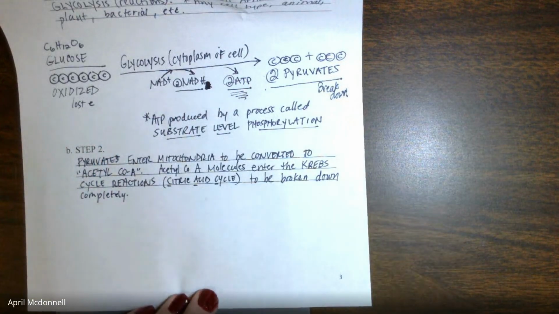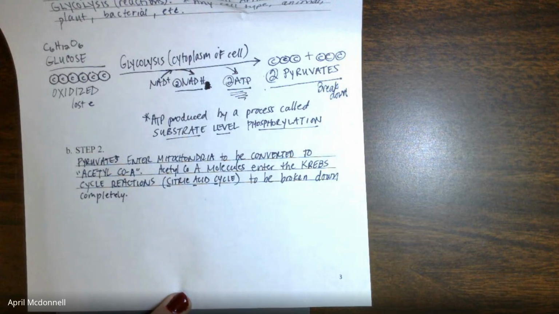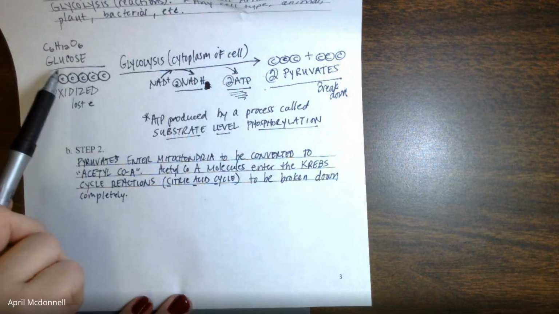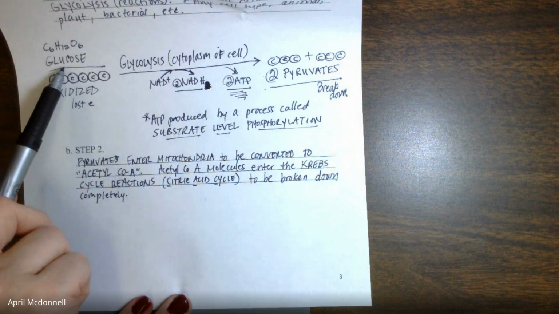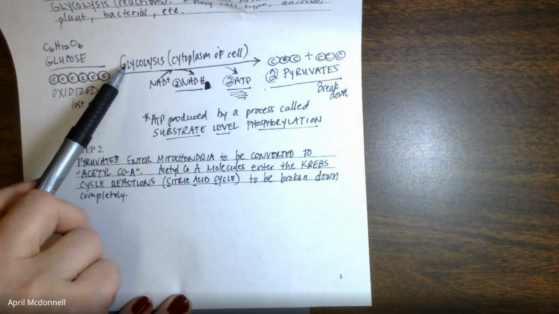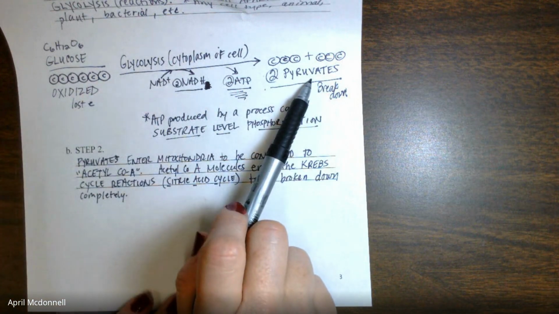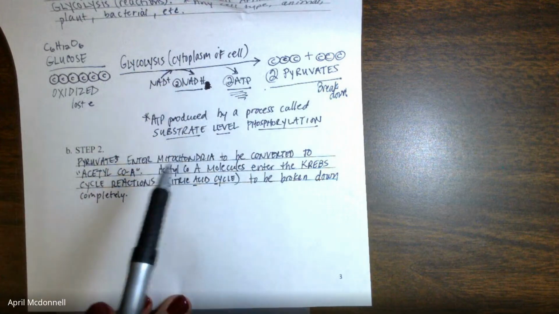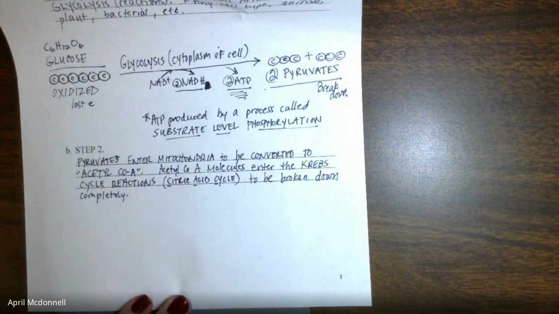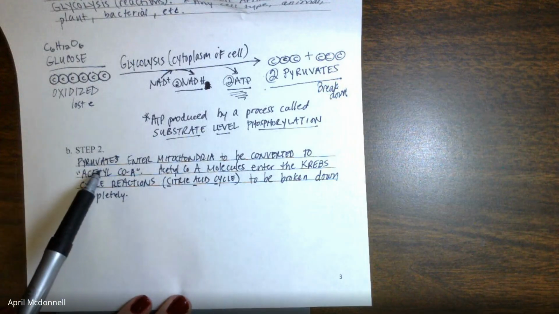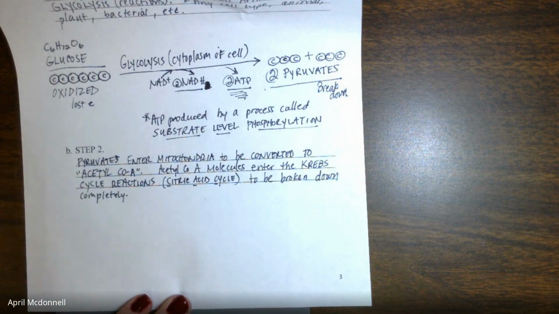So the goal is to continue to metabolize the remaining parts of what was originally the glucose molecule. We started off with glucose, but we started breaking it down. Our first step was called glycolysis, where we ended up with two pyruvates. The pyruvates then enter the mitochondria to be converted to another substance called acetyl-CoA.